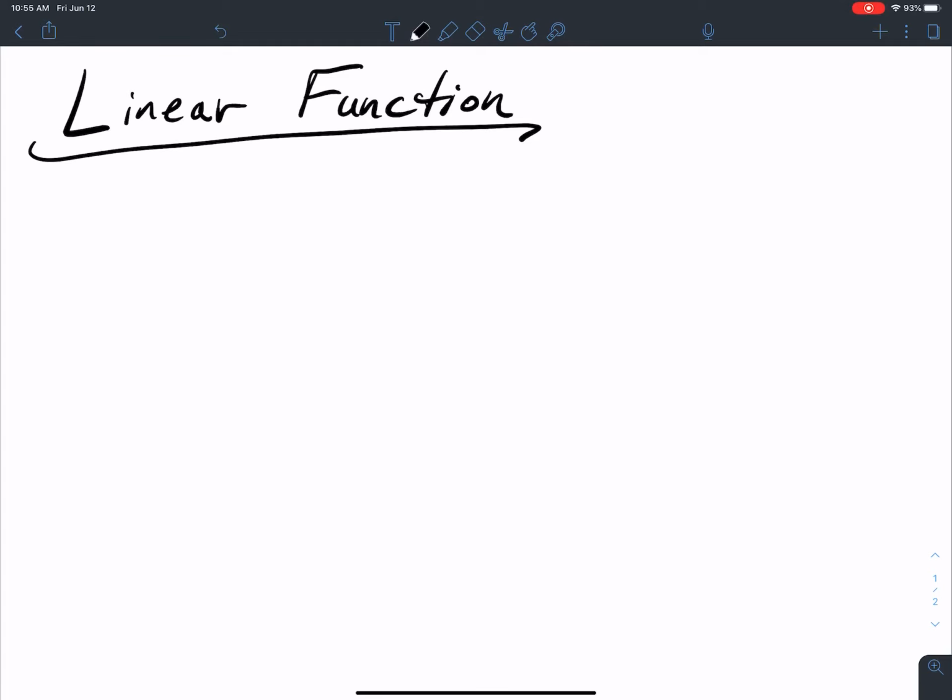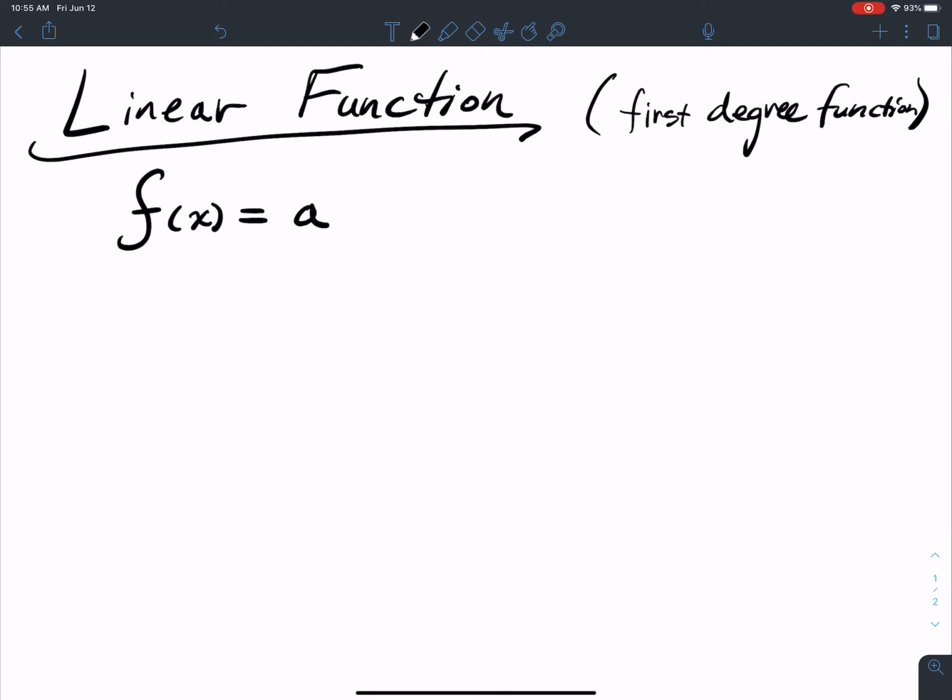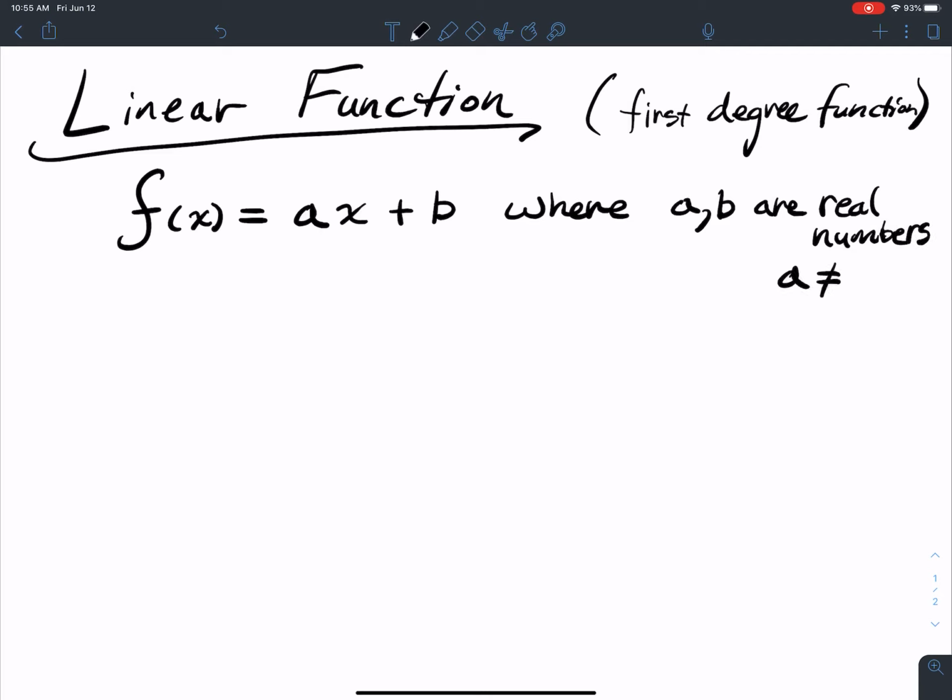So we're going to talk about linear functions. These are functions of the first degree. A function f of x is linear if it's equal to a times x plus b, where a and b are real numbers and a is not equal to 0.